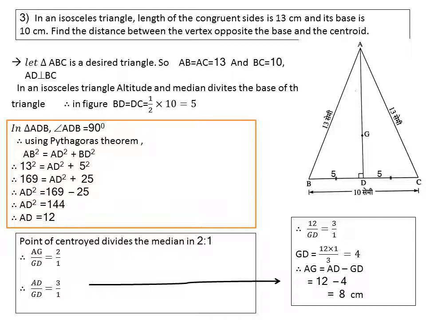GD is 4. Therefore, AG is equal to AD minus GD, 12 minus 4. Therefore, we get AG is equal to 8 centimeter. In this way, you can find out the values of AG and GD also.